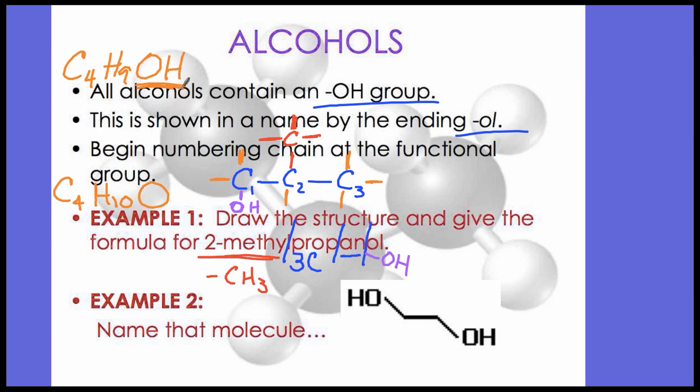Going backwards, here's the picture. Give me the name. It's one of those super simplified ones. So here I have a carbon, and here I have a carbon. So really this guy would really look like that.